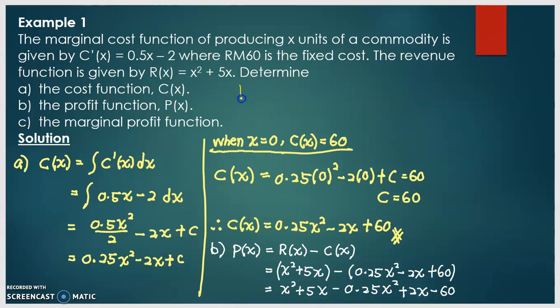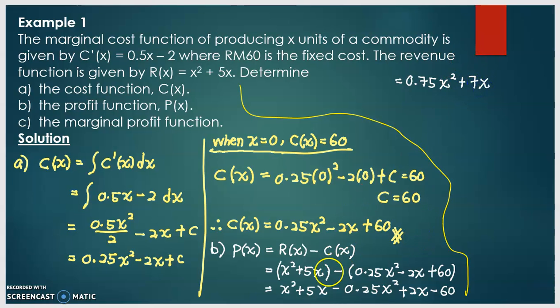Using your calculator, X squared minus 0.25 X squared means 1 minus 0.25, which is 0.75 X squared, and then 5X plus 2X is plus 7X, minus 60. So this is the profit function.